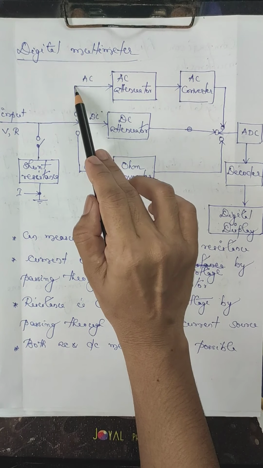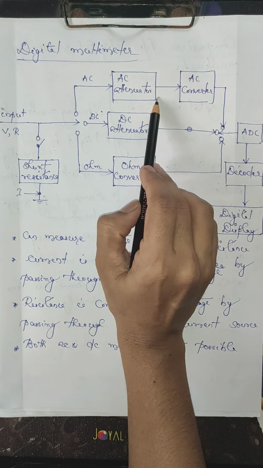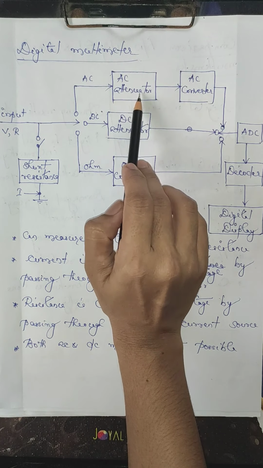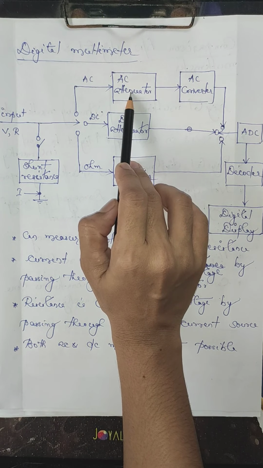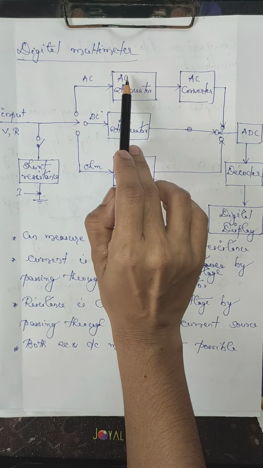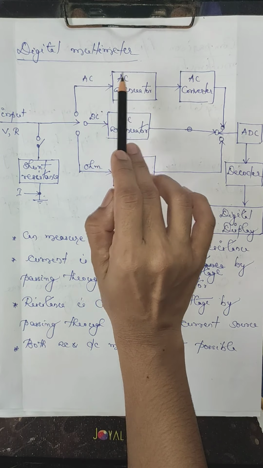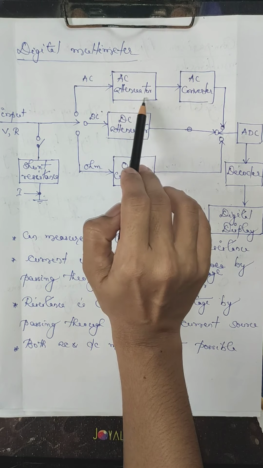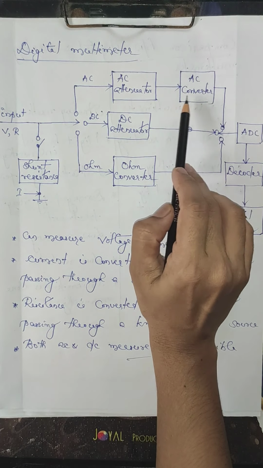And if we have an AC voltage signal, it is given to an AC attenuator. So we have already discussed attenuation. Attenuation is the opposite process of amplification. That is, in order to reduce the power level of a signal. So here the AC signal is attenuated in an attenuator, and then it is given to an AC converter.